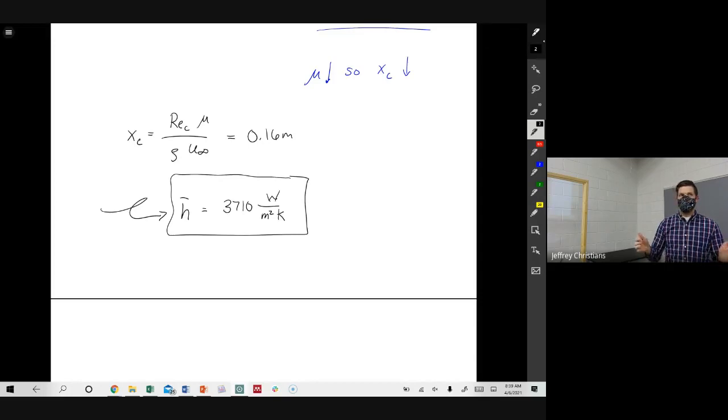If you're using an oil rather than water, one oil that's high viscosity or another oil with similar properties but lower viscosity is going to give you more turbulence, which will give you better convection. Okay, so these are just some broad outlines of some of the things that matter.